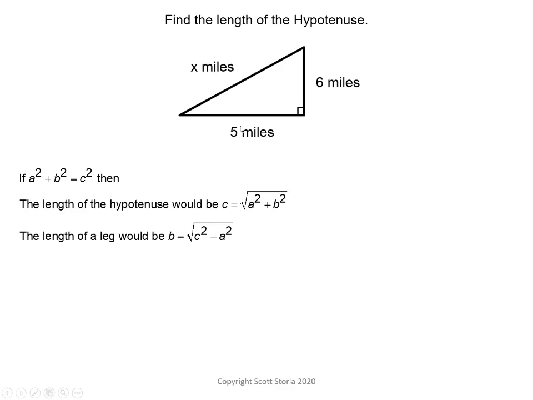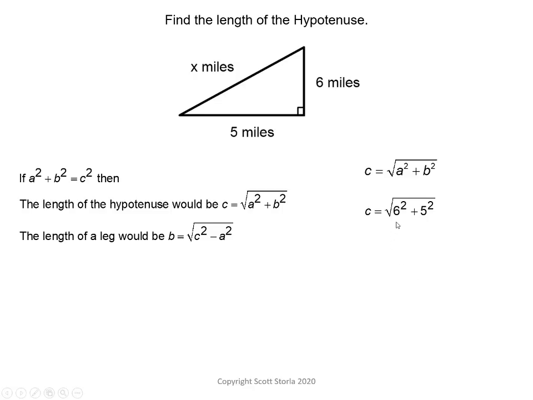And if I look here, sure enough, these are the shorter two sides, so I would start with this form. You might say A is 5 and say B is 6. And again, it won't matter if you say A is 6 and B is 5. I guess I'll choose and say I'm going to let my A be the 6 and B be 5. So I fill those values in.